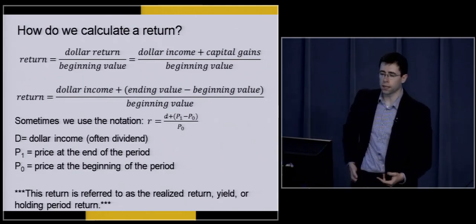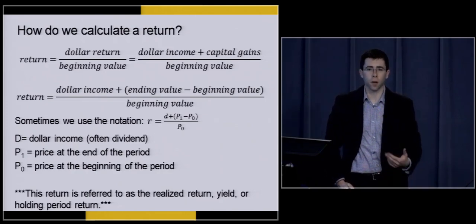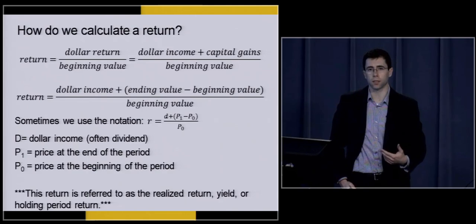All right, so what is it? Well, a return is basically calculated as the dollar return, just the number of dollars or the total value that you receive over a given period after you invest, divided by your beginning value of your investment.